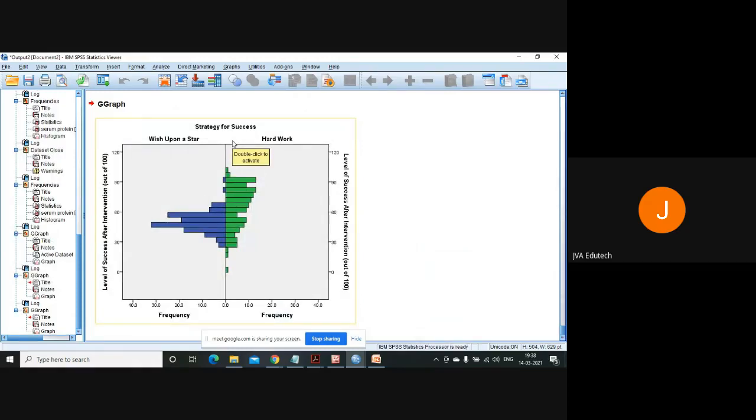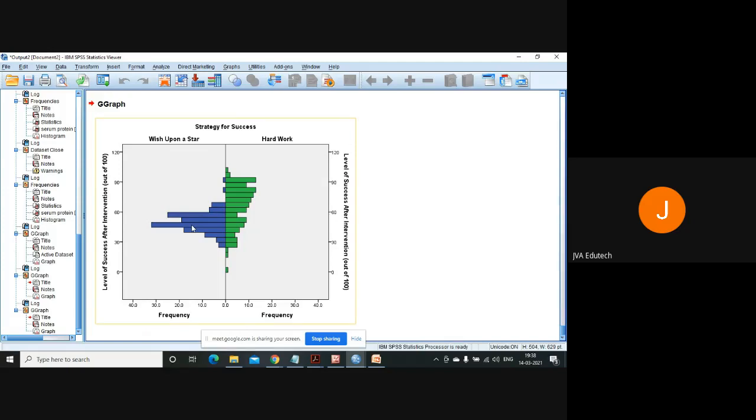From here you can check the data and plot this histogram, where it can give you many meaningful insights: who are the people who are hard workers and how much they succeed, and who wished upon a star and how much they succeed, whatever the level of their success after 5 years. So like this you can plot different types of histograms.